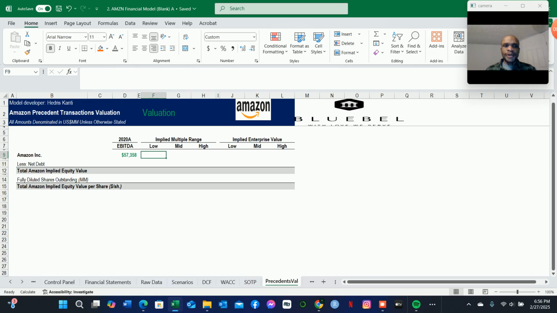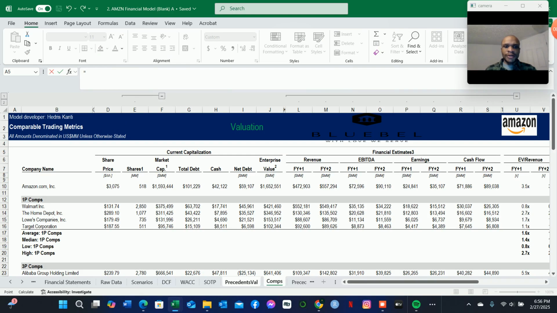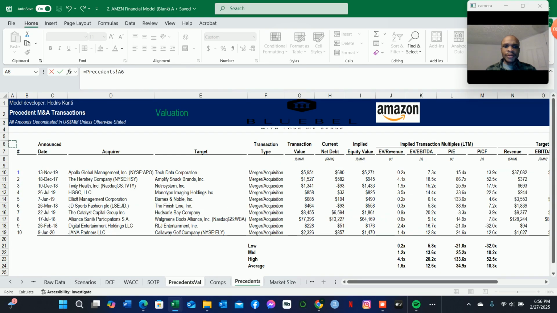Now we can bring in the implied multiple range, which we determined in the precedent transaction section. So we go here and we grab the low for the EV to EBITDA.